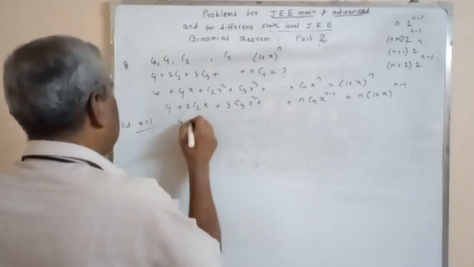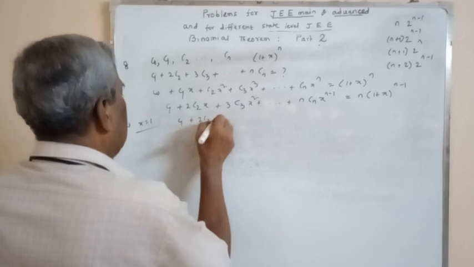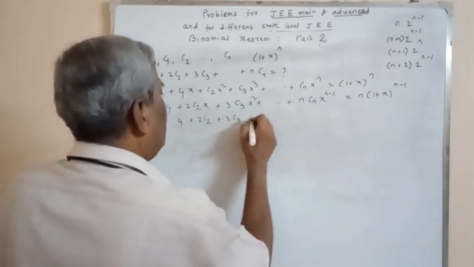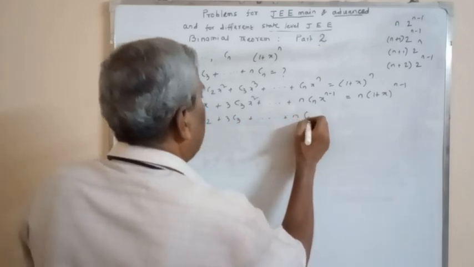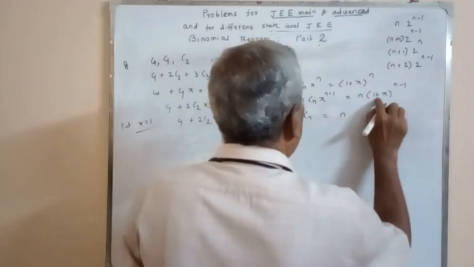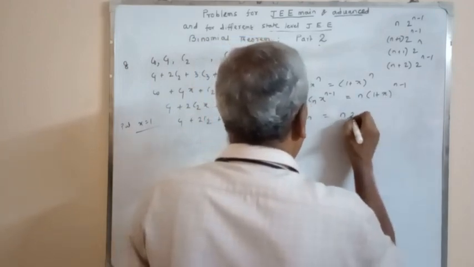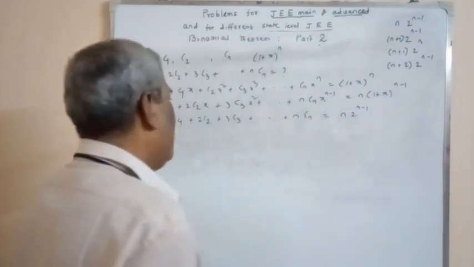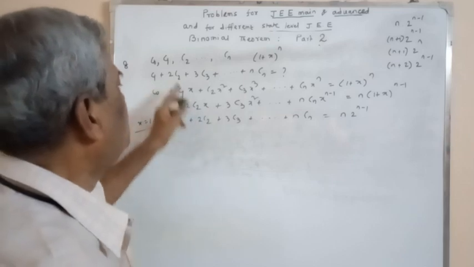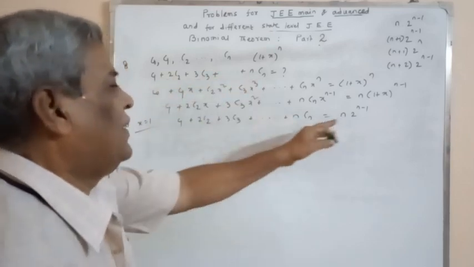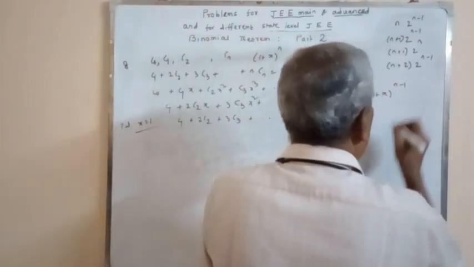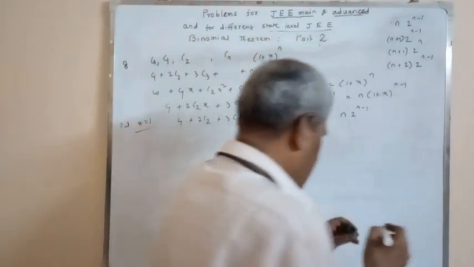So it is C1 plus 2C2 into 1 plus 3C3 into 1 square up to n Cn, it is equal to n into (1 plus 1) to the power n minus 1. So I get the required result. C1 plus 2C2 plus 3C3 is equal to that. And the answer is n into 2 to the power n minus 1. So the first option is correct.